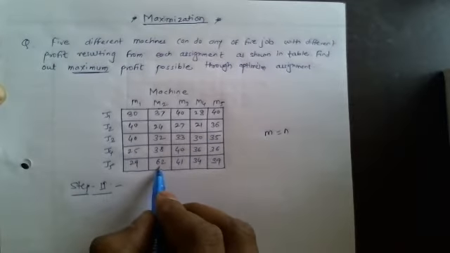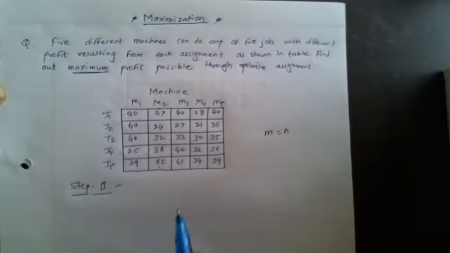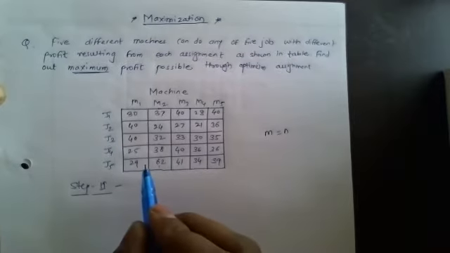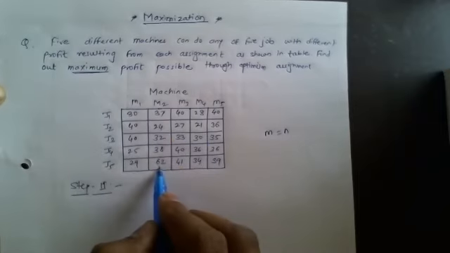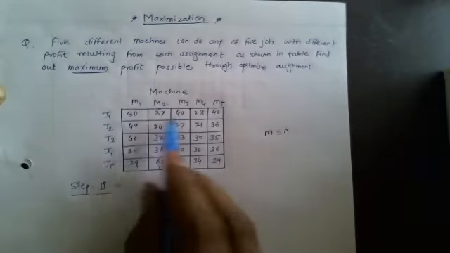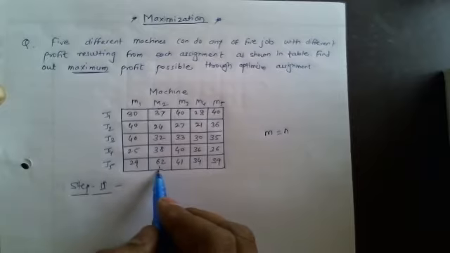What is the step 2 for the maximization? We have to find out the maximum value in the given cost matrix. In this cost matrix, 62 is the maximum value. So what do we have to do in step 2? We have to subtract all other values from this 62. Okay, that is step number 2.